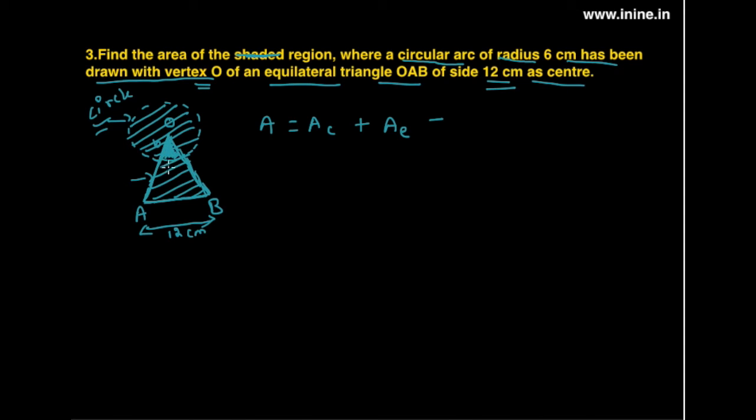Why? Because there is an overlap of this sector from equilateral triangle point of view and also from the circle point of view. So there are two sectors that lies here. So we are subtracting one of them.